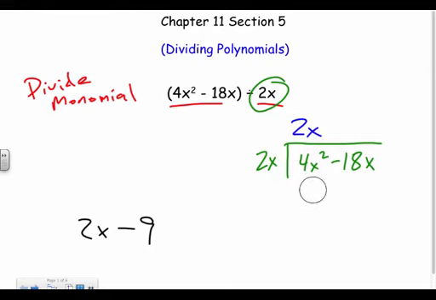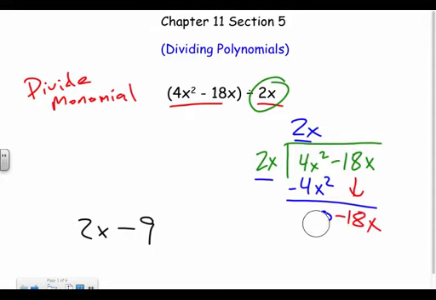Then it's just like we do in long division. So 2x times 2x gives us 4x squared, and we subtract. Those cancel, so that's 0. I'm going to bring down my negative 18x like we always do. 0 minus that is just minus 18x. Then I do the same thing. 2x times what gets me to negative 18x?